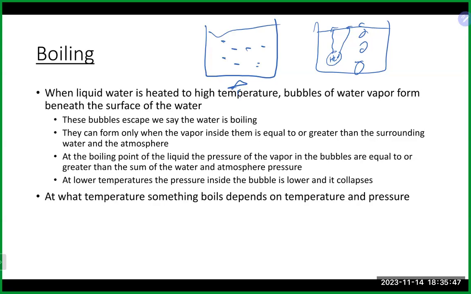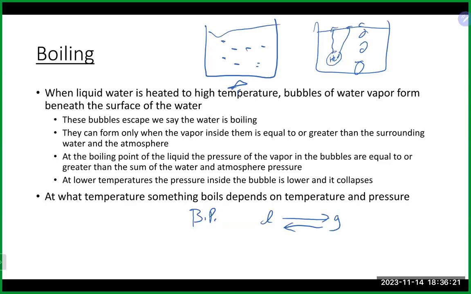So when something boils at its boiling point, that means we have a lot of that vapor in there and the pressure inside is equal to or greater than the atmospheric pressure. At lower temperatures, again, the bubbles can't withstand the pressure and will pop. We call that its boiling point where we do boil. That is the transition from liquid to gas, and gas back to liquid is the normal boiling point.